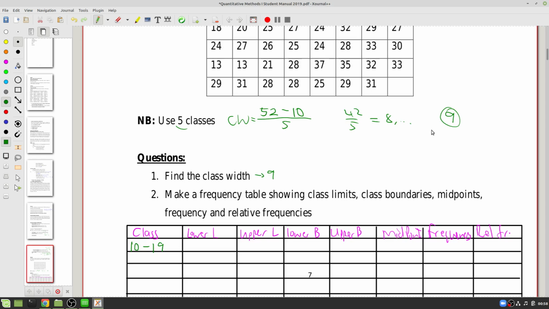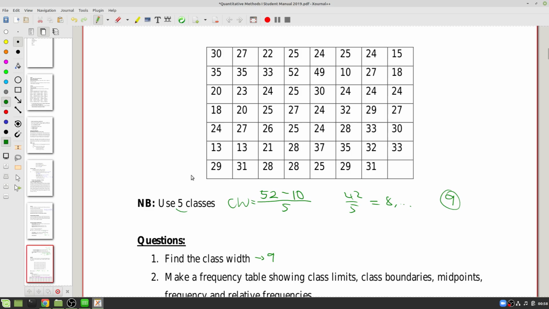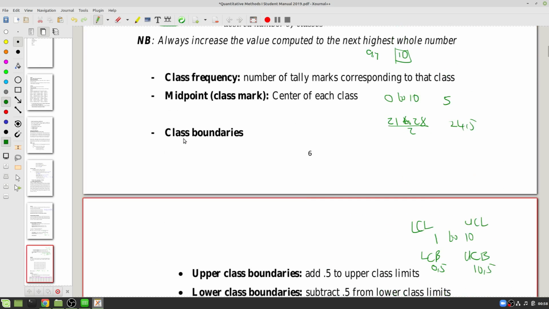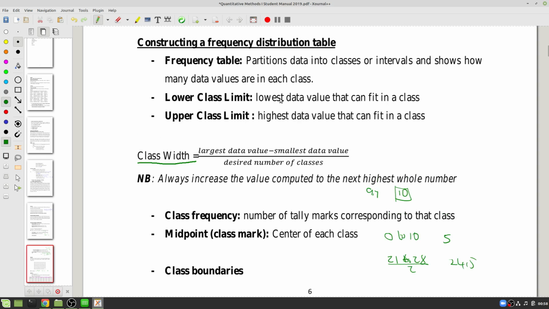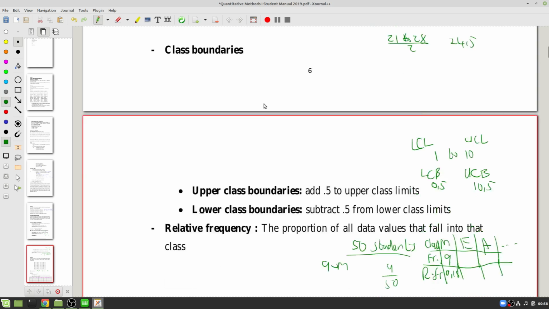Well, our class width should be 9, because 19 minus 10 is 9. Let's just see if we're told anything about inclusiveness. No, that's fine.